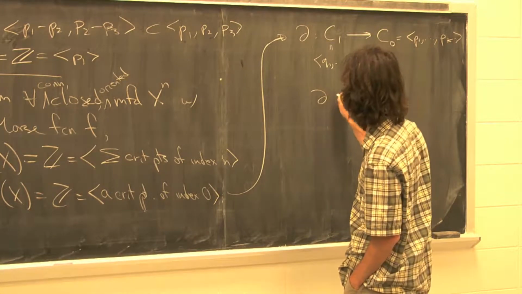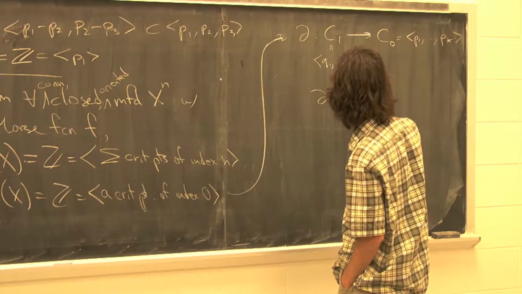And for the boundary of each Qi, there's two possibilities.